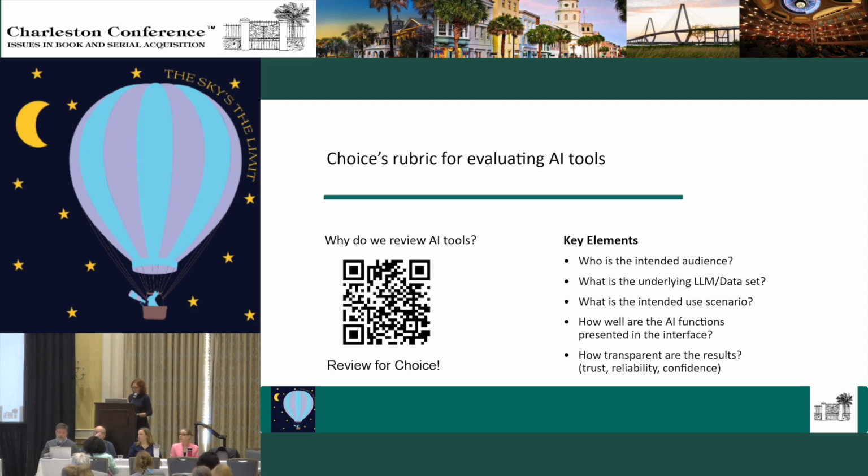And we are first and foremost a source for reviews of print and digital scholarly resources for higher ed. You can find us at choice360.org. We also offer webinars, podcasts, and publish research reports, all of which are designed to support and advance the profession. Up on the slide, that QR code will take you directly to an about page if you want to review for us, feel free to check it out.